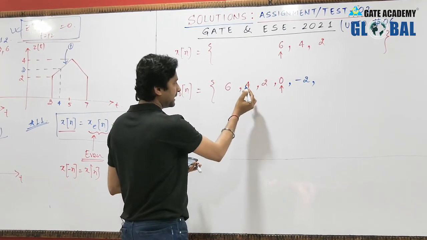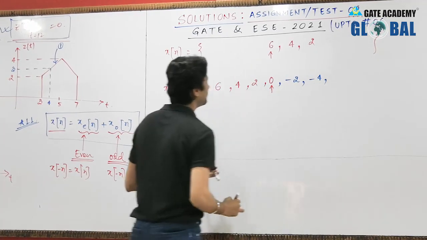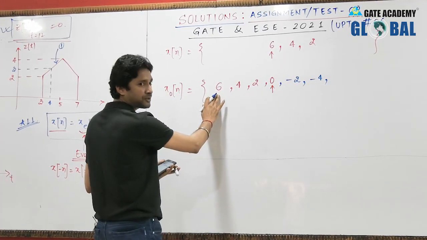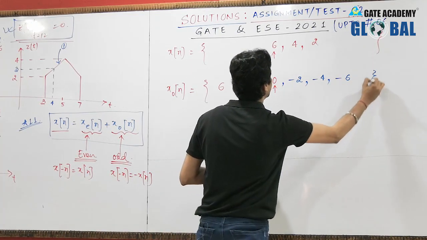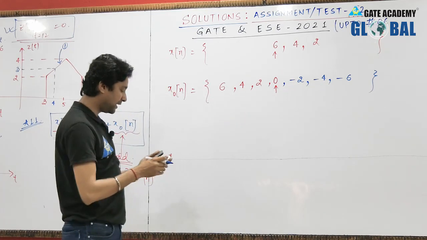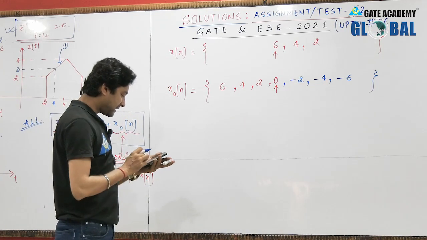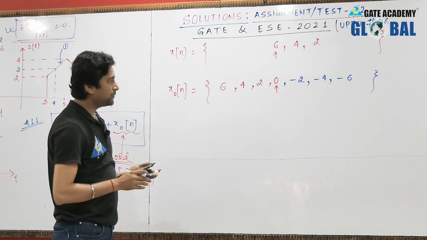Similarly, if it is 4 at n equals minus 2, then at n equals plus 2 the value will be minus 4. And at n equals minus 3 it is 6, therefore this value will be minus 6. So now you have x odd of n for all values. Now, it is asked that we have to check out the sum of values of x of n.